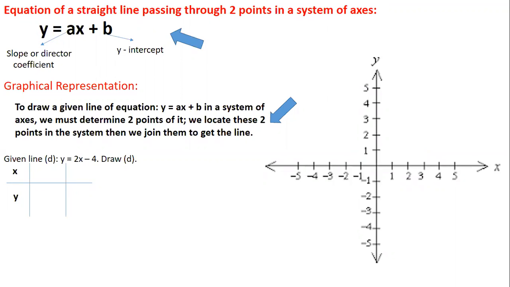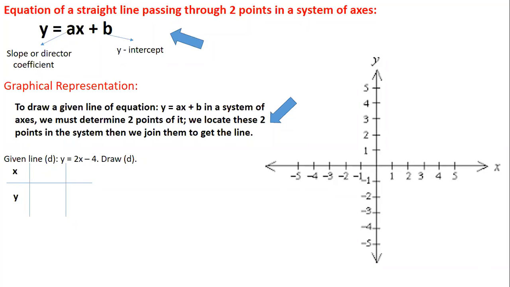Now I want to ask Alex. Yes, Alex. In the system of axes, we talked about straight lines, right? Any straight line in a system of axes passes through 2 points.